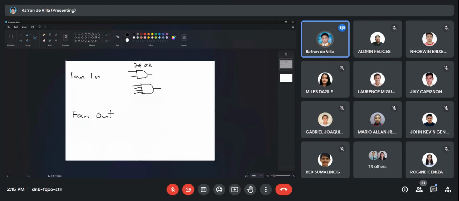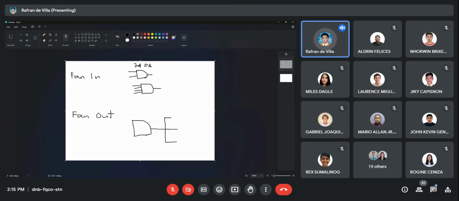Okay? So, basically, when you talk about fan-out, guys, it talks about the number of inputs that an output can drive reliably. Okay?